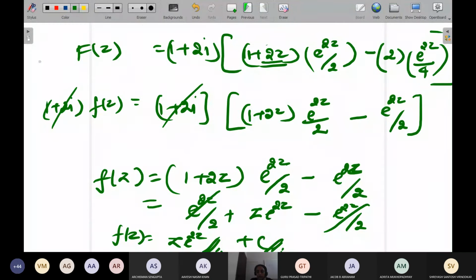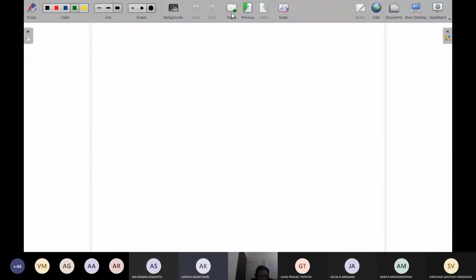When it is not differentiable in the neighborhood of wherever you are, it is not analytic. Or if it is given in terms of x and y, u and v, we can show that the CR equations are not satisfied. Then you can show the function is not analytic.